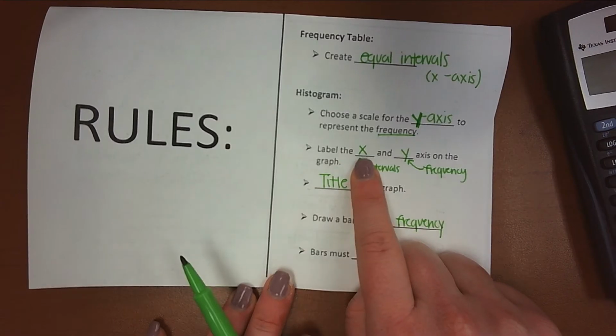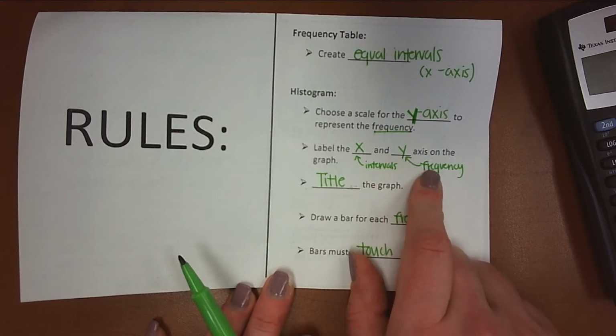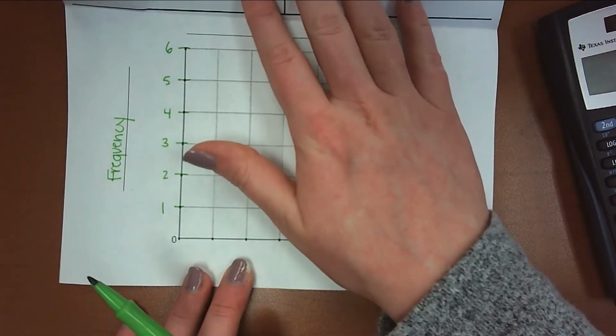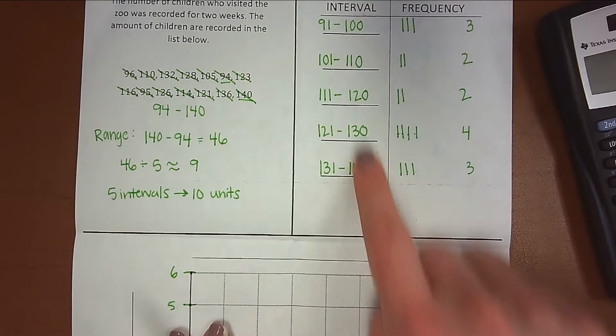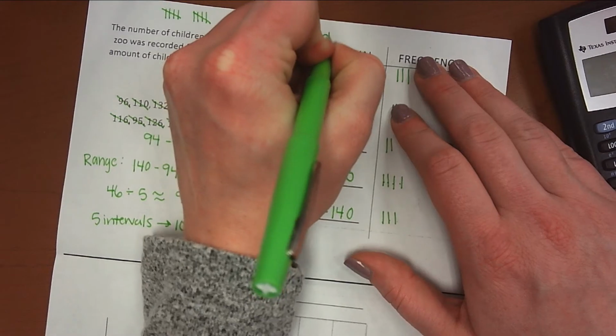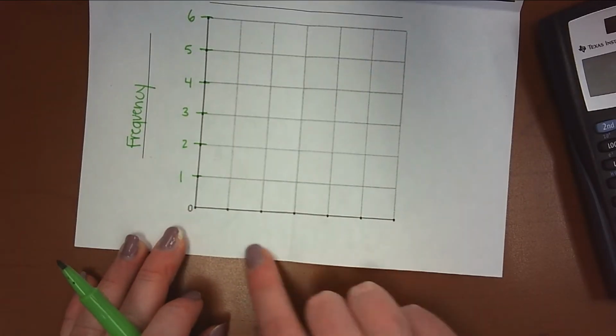Then it says label the x and y axis on the graph. We're always going to label y-axis frequency. We're going to label the x-axis not with the actual word intervals, but what the intervals represent. And the intervals here represent children at the zoo. And so our intervals go on our x-axis.